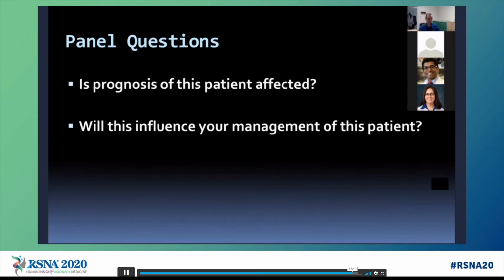I will say that this is a bit of Pandora's box. It becomes a bit challenging to decide. Lots of us change our management approach, but I'm not sure we have randomized data that guides that we're actually changing it in the right direction.